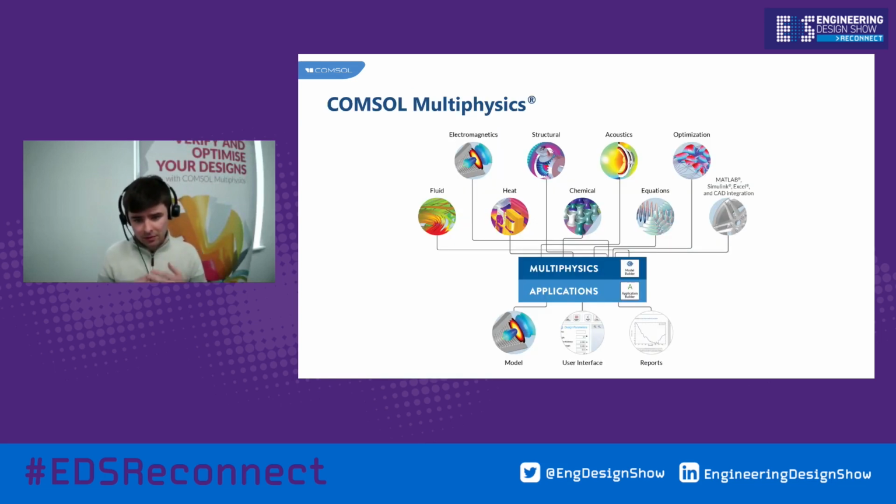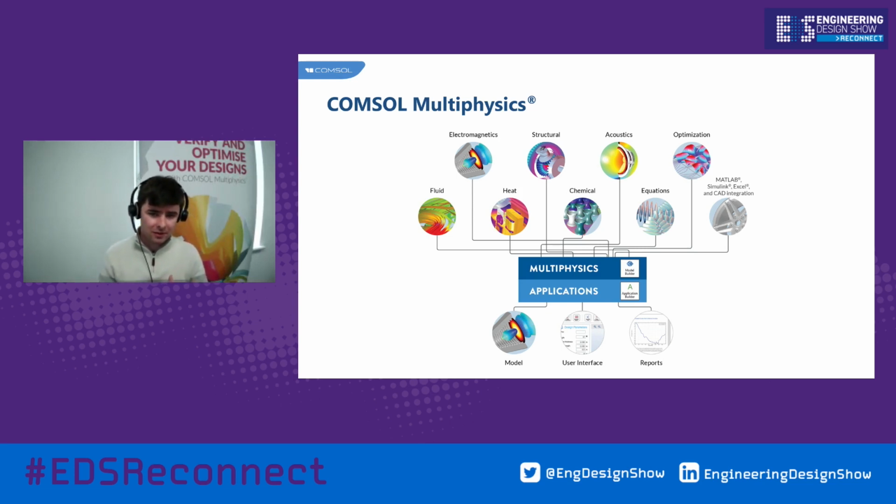So for the rest of this talk, I'm basically going to focus on the model builder side of that. So within COMSOL Multiphysics' model builder, essentially what we can do is we can build computational models of one or more different physical or in some cases chemical phenomena.